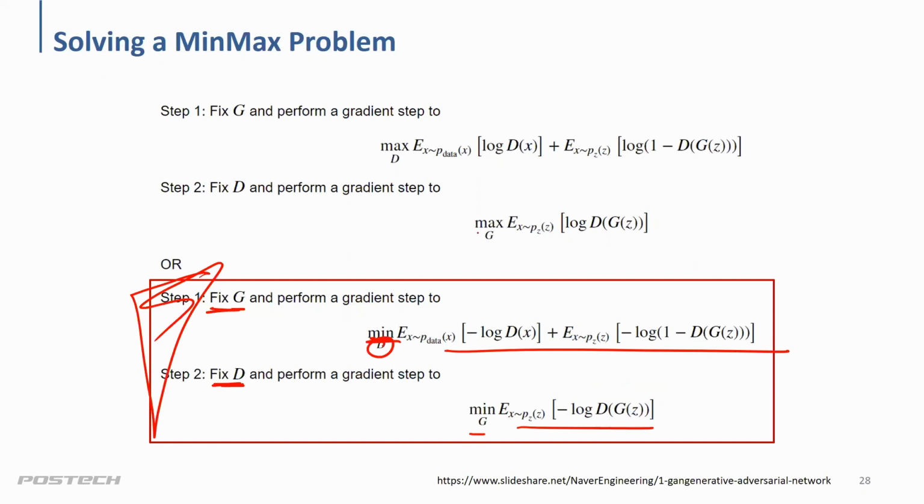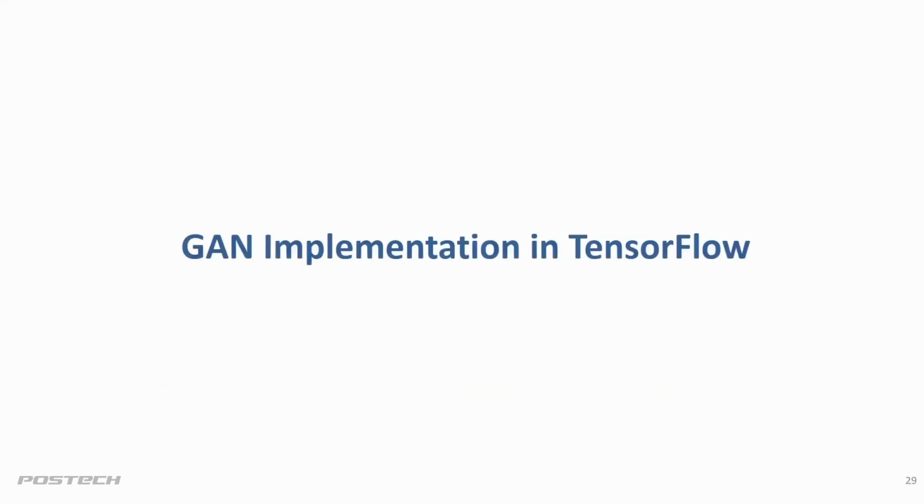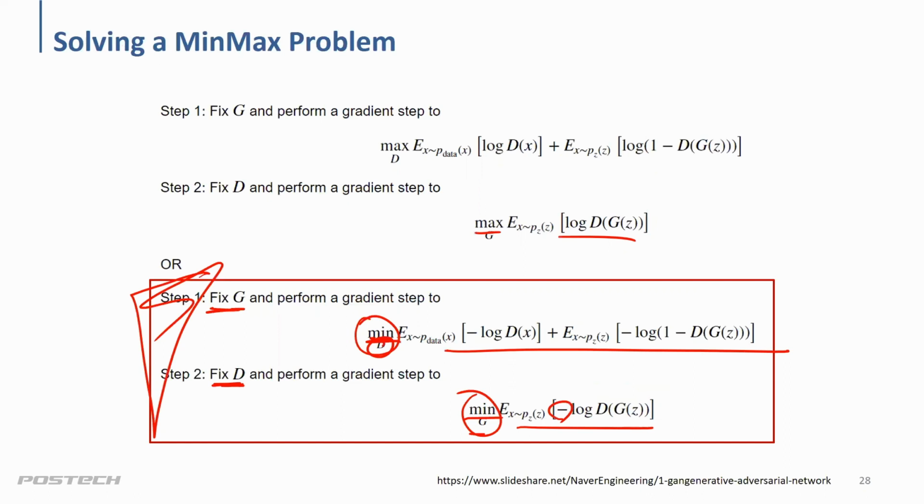Okay. Maximize this guy is the same as minimizing minus of this guy. So all of them are minimization problems. Now, what we need to do then is how to implement this idea of GAN in the syntax of TensorFlow.